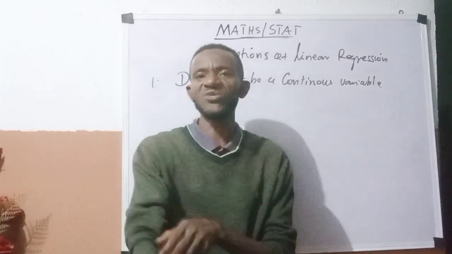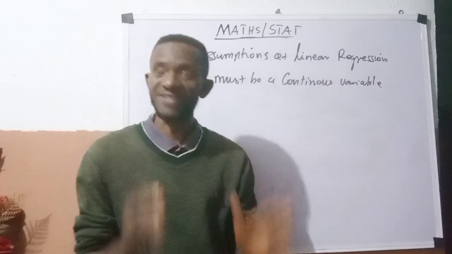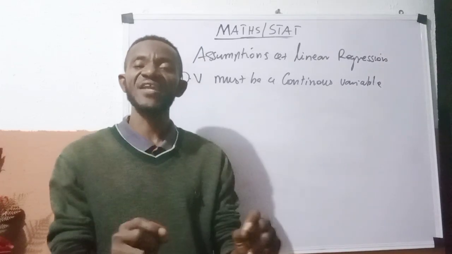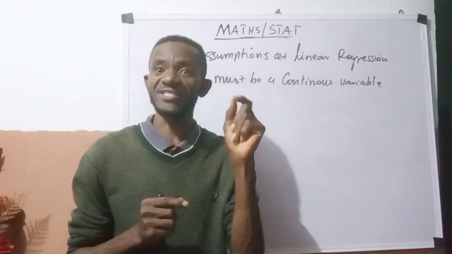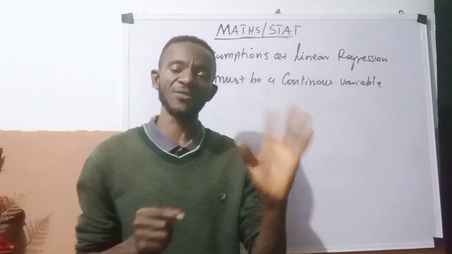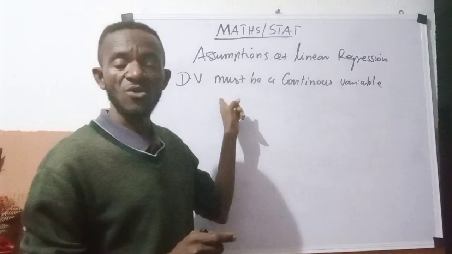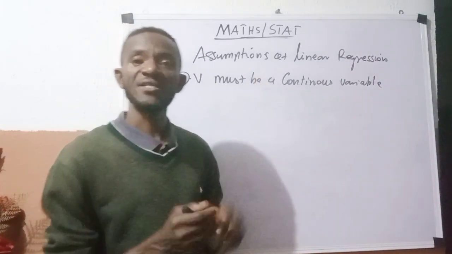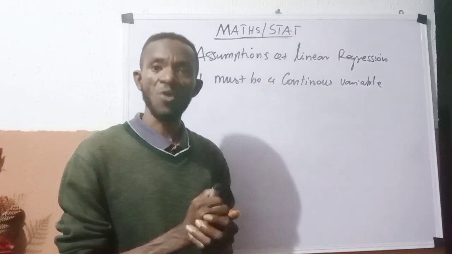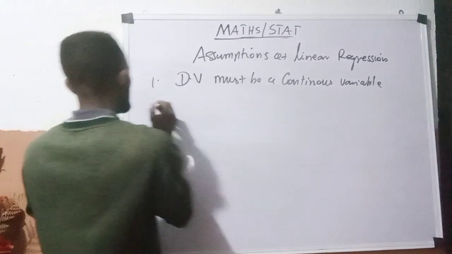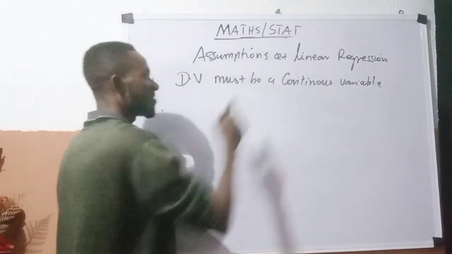Not necessarily using the example of 0 degrees, simply put, the value of that variable does not exist at the point where it has a measurement of 0. That is the number one assumption of the model, for the dependent variable.